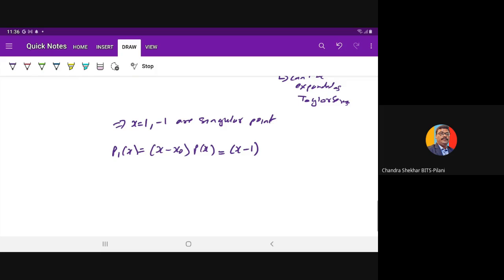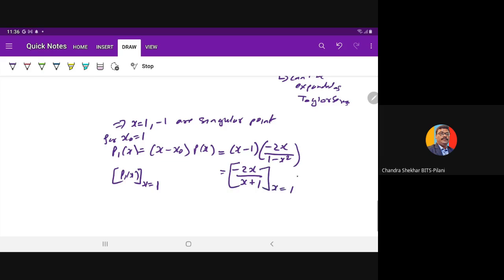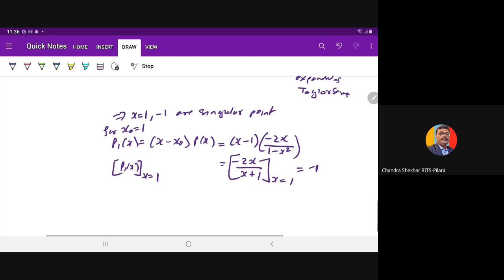So it becomes (x - 1) times -2x/(1 - x^2), and 1 - x^2 can be factored, so this becomes -2x/(x + 1). Now when we compute P1(x) at x = 1, this comes out to be -1.